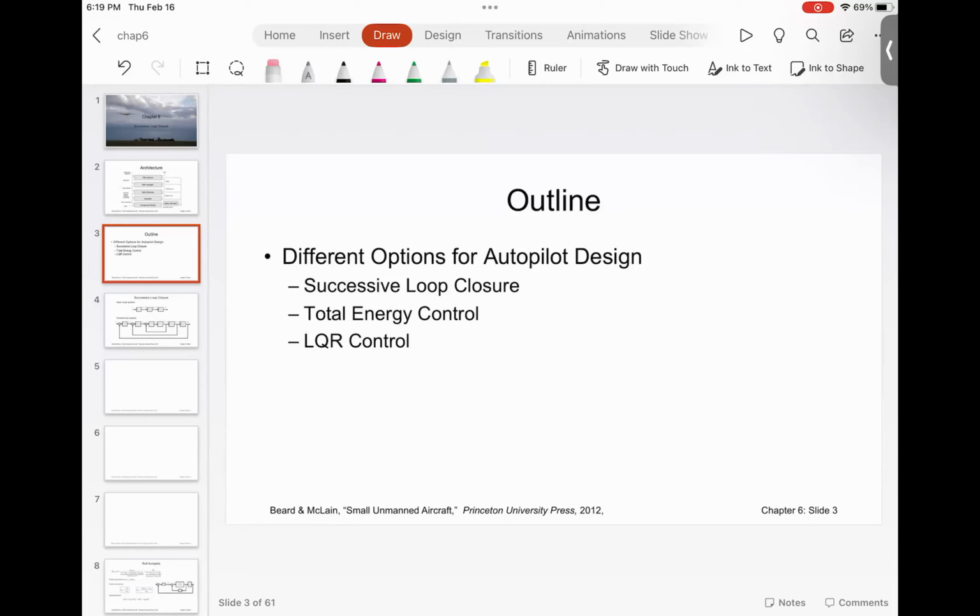LQR control is an optimization technique. At the core, optimization is taking the derivative and equating it to zero. Constrained optimization means you have some equations that are restricting the evolution of the state. And here we have this dynamical equation of motion that has to be valid all the time.